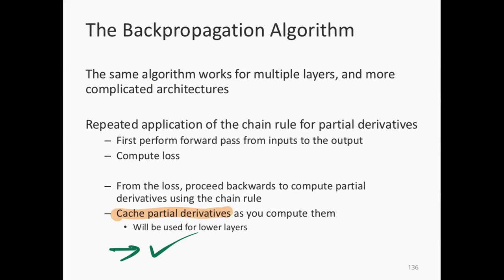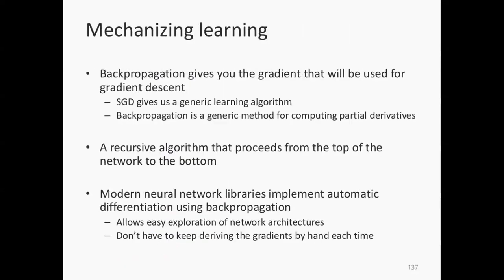The thing is, backpropagation has allowed us to mechanize the process of learning. Let's kind of think back about the beginning of the semester. The first learning algorithm you saw was decision trees, the ID3 algorithm. The ID3 algorithm was invented by Quinlan, and it was to learn a decision tree.